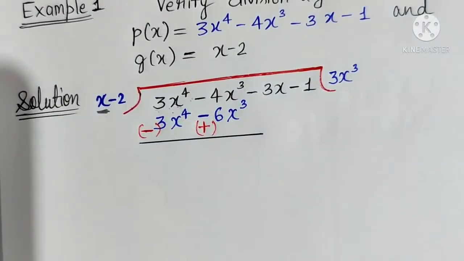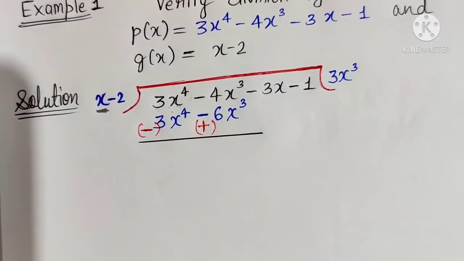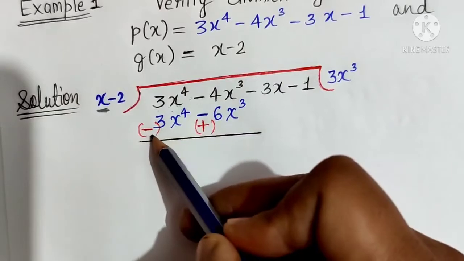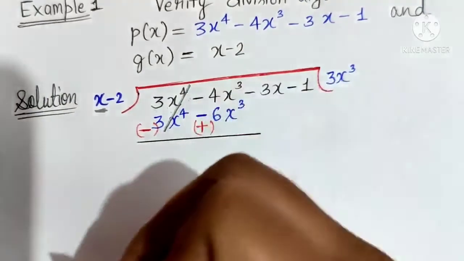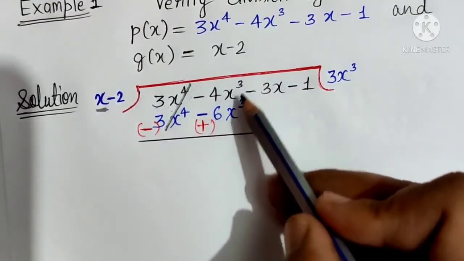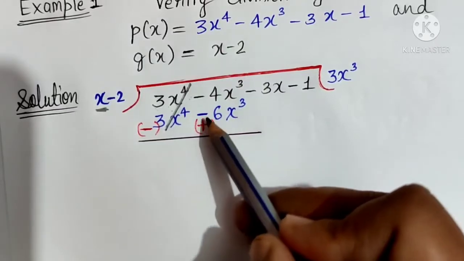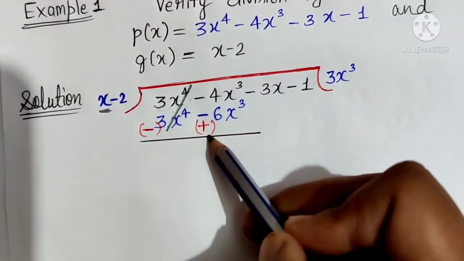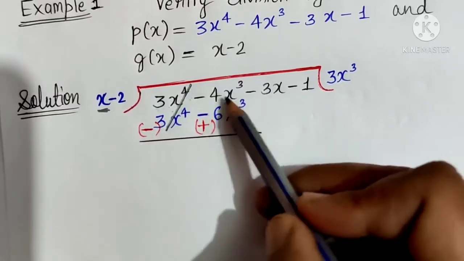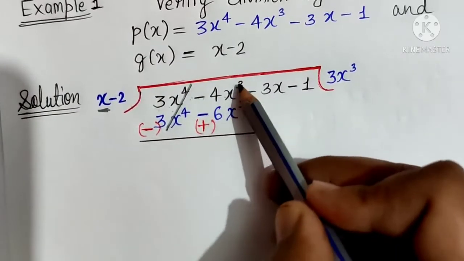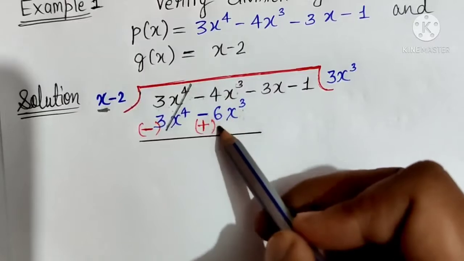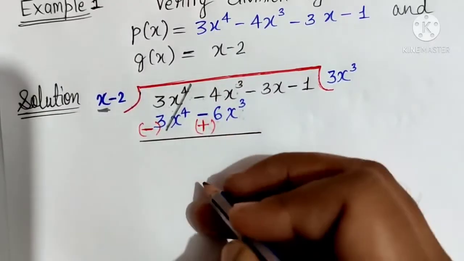Now, as you can see here, 3x raised to the power 4 minus 3x raised to the power 4, so it can cut. Yes, definitely it can cut. So what is left? 4x cube plus 6x cube. Now don't say minus, because this minus sign becomes plus. Okay, so 6x cube minus 4x cube, x cube same, so definitely we can subtract or add each other. So it is 6x cube.